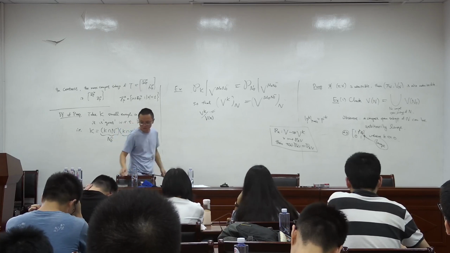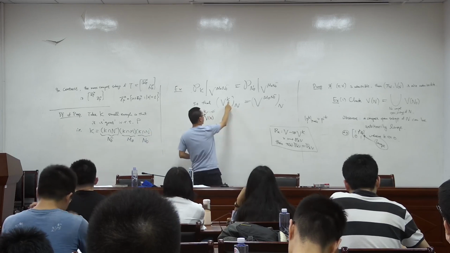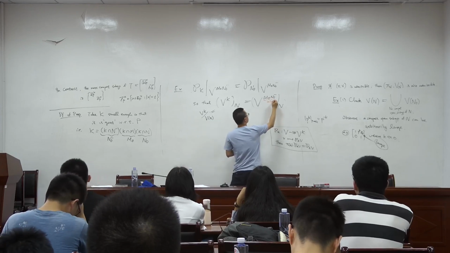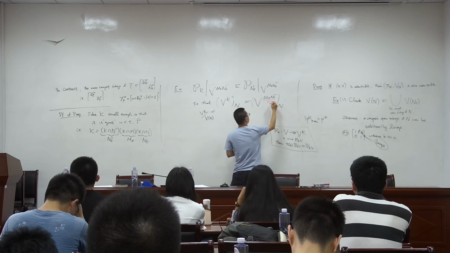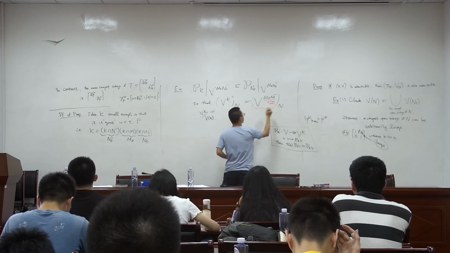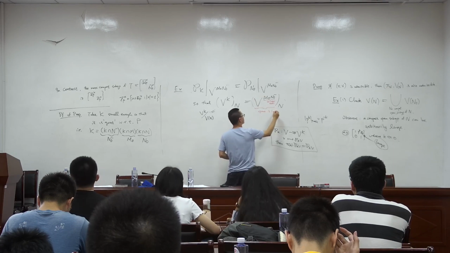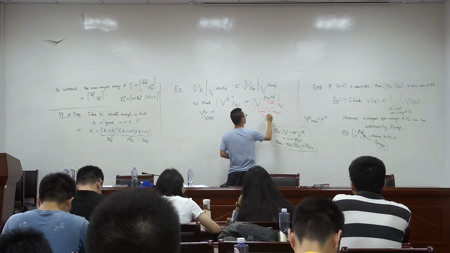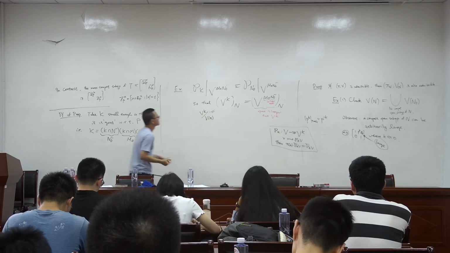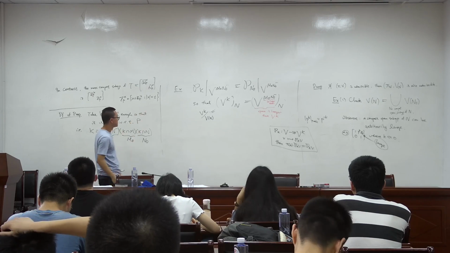So what's the point? This product is smaller, it's a subgroup of K. So the fixed point space, this whole space, is larger than V^K. If I take the Jacquet module, they become the same.